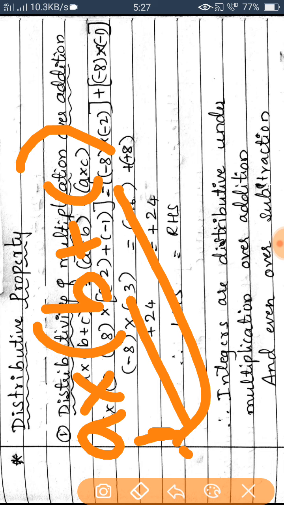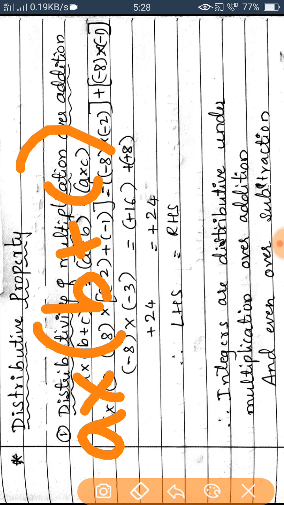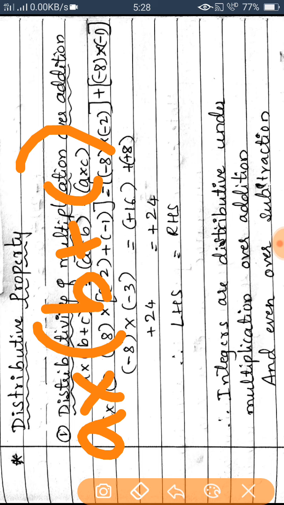See, when you are solving the integers, if this kind of problem comes, you can solve by two methods: by solving the bracket first and then multiplying, or first distribute to all, then we can add. That is also a method. What is the distribution?